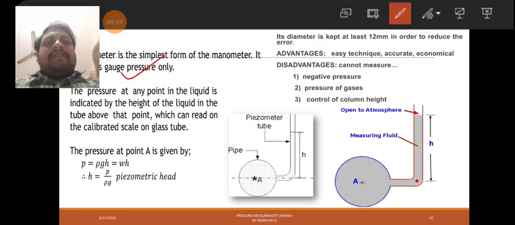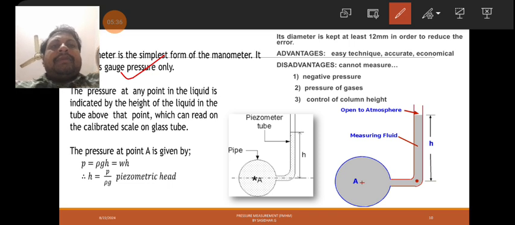One end is connected to the point where the pressure is to be measured, and the other end of the piezometer is open to the atmosphere.